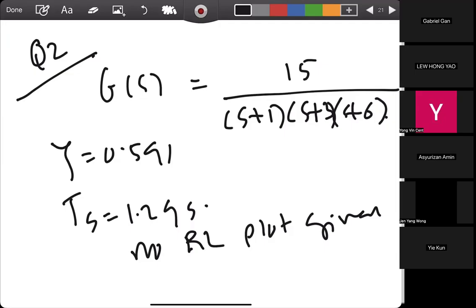Yes, I'm thinking about it now. Thank you for the reminder. They give the open loop transfer function, zeta and settling time, and you determine the position. I think I got it. Okay, like this.